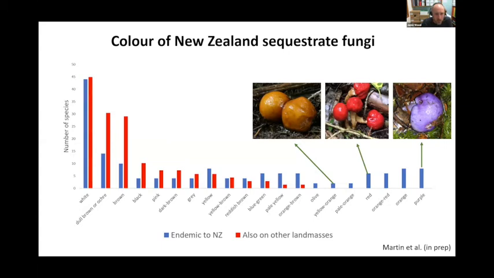That is, they probably include fungi that have dispersed to New Zealand relatively recently in its geological history. However, orange, red and purple colours are found exclusively in endemic species, as shown here on the right, and so may represent much deeper evolutionary history on the New Zealand landmass. So this is a really interesting biogeographic pattern, but what might be driving this?